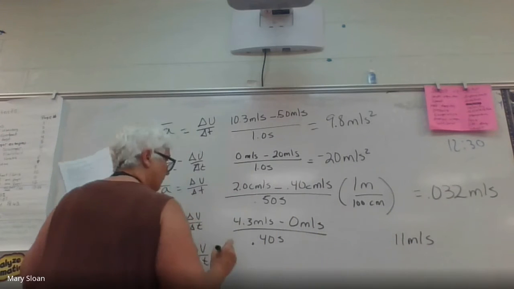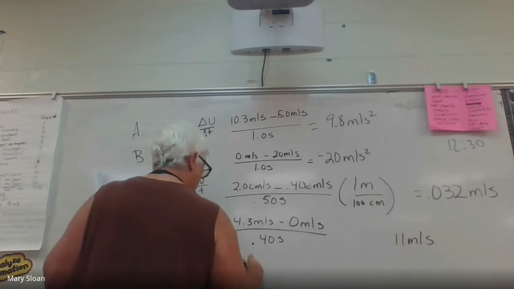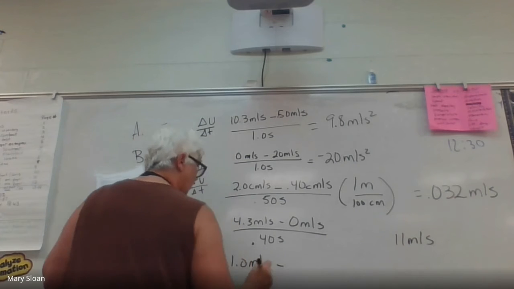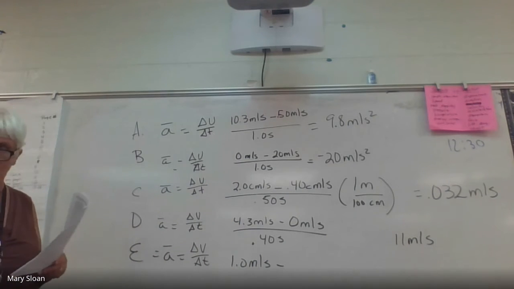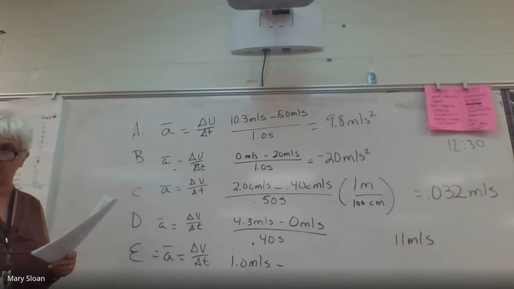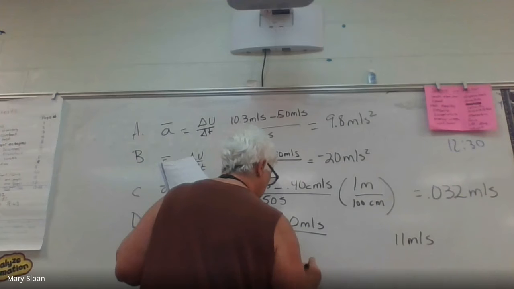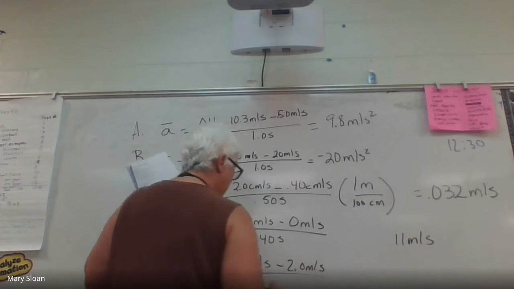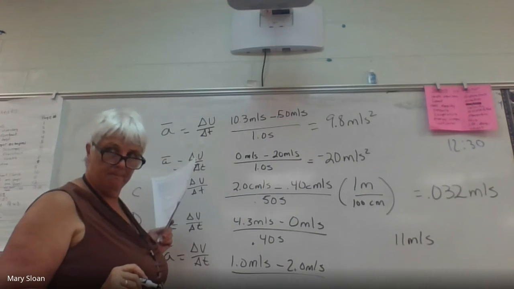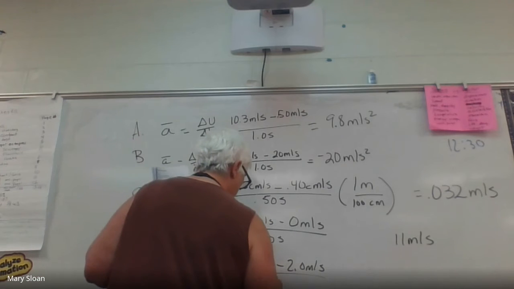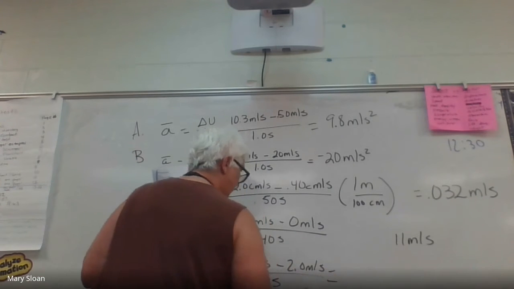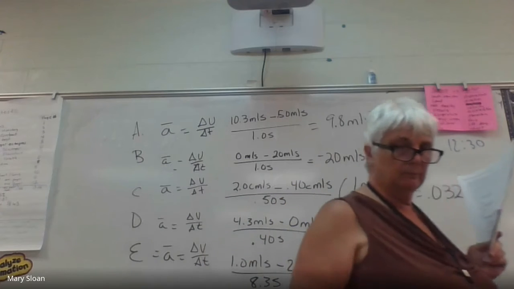Yep, 1. So that is 1.0 meters per second, right, baby? What's my initial velocity? 2 meters per second, correct. Okay, what's my time? 8.3 seconds. All right, put it in your calculator and tell me what you get.